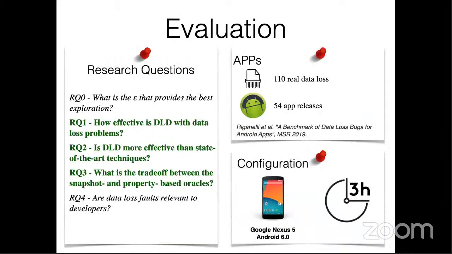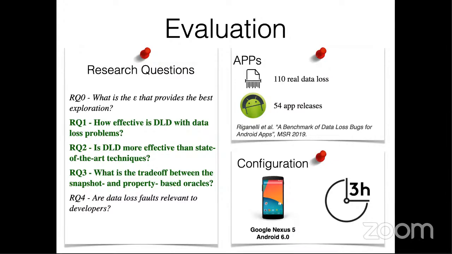In the evaluation, we addressed 5 research questions. In RQ0, we analyzed the impact of epsilon in the bias model-based exploration. In RQ1, we studied the effectiveness of DLD in detecting data loss.